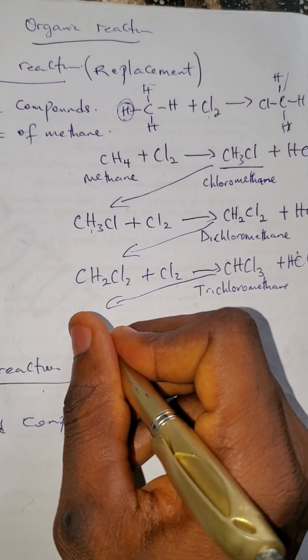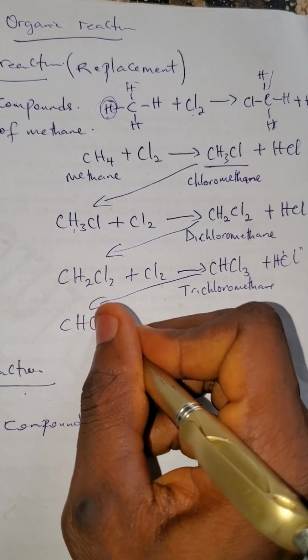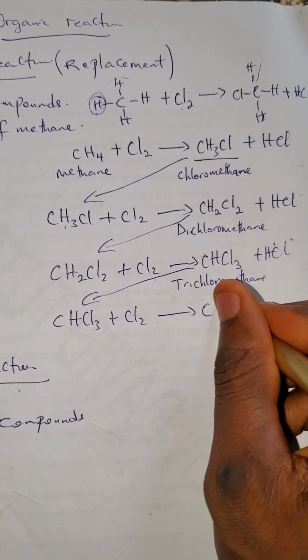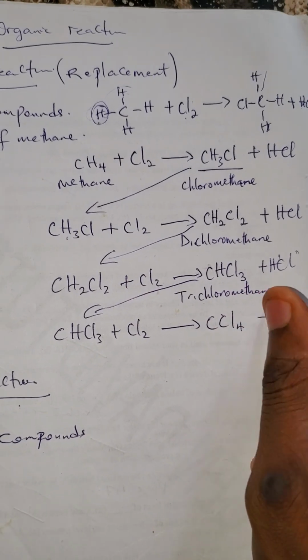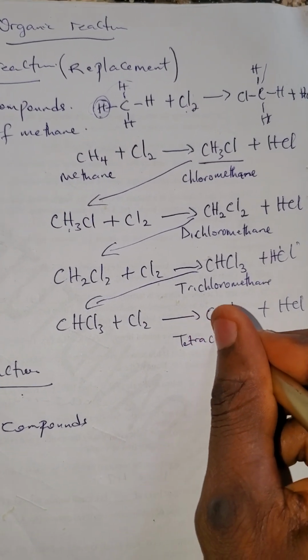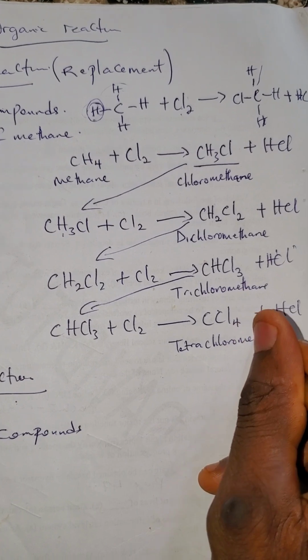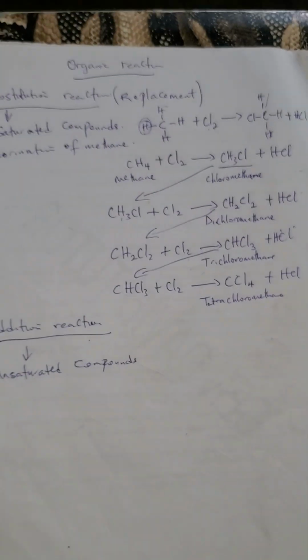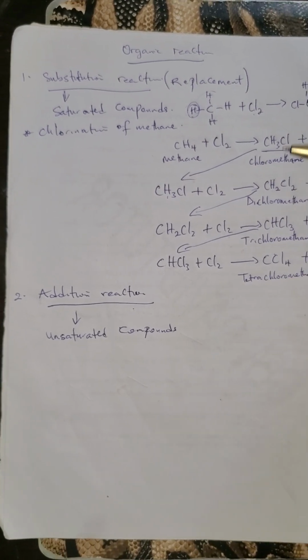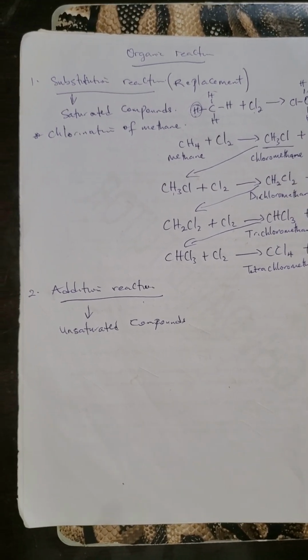This one also undergoes the same thing. You have CHCl3 plus Cl2. It will give you CCl4 plus HCl. And this one is tetrachloromethane.